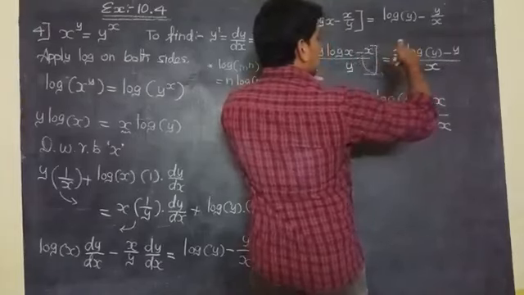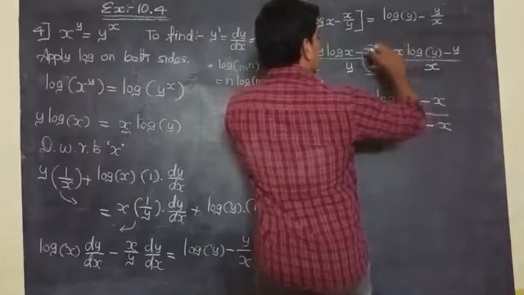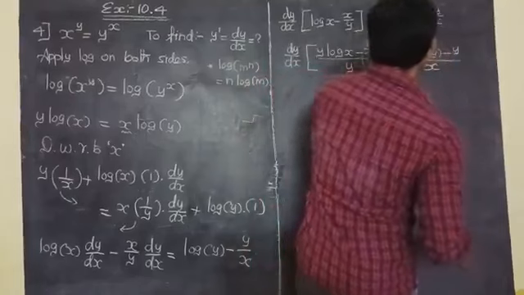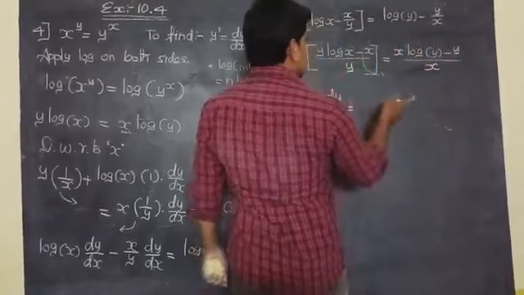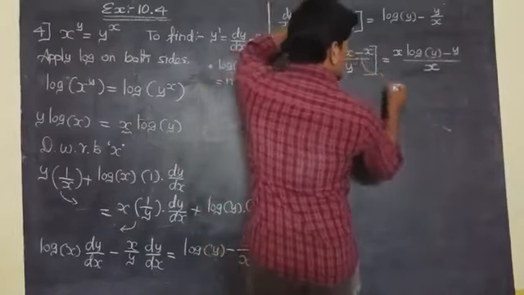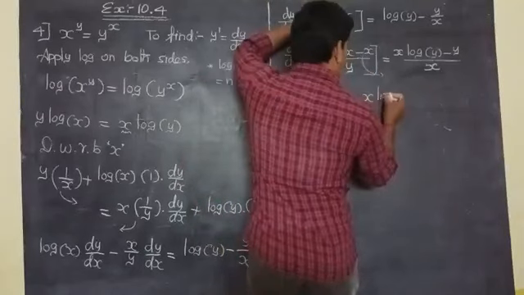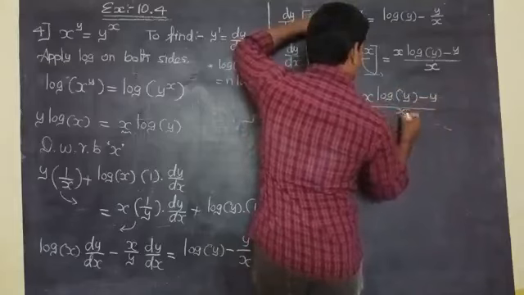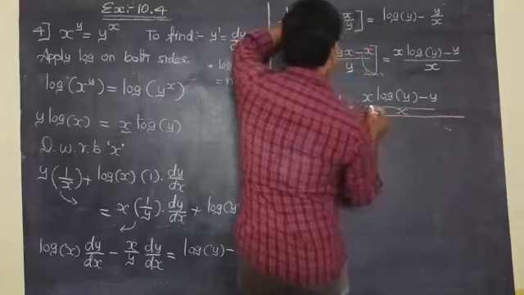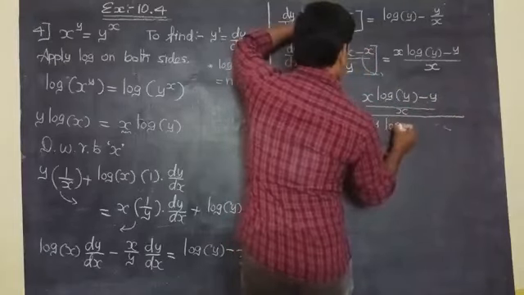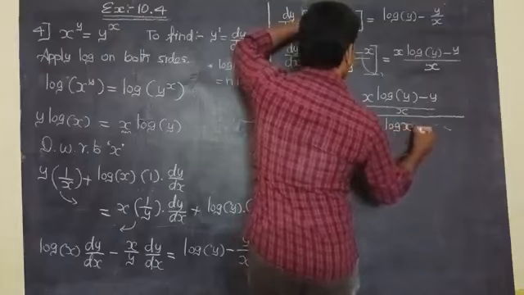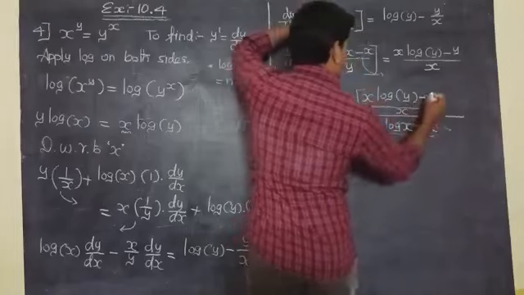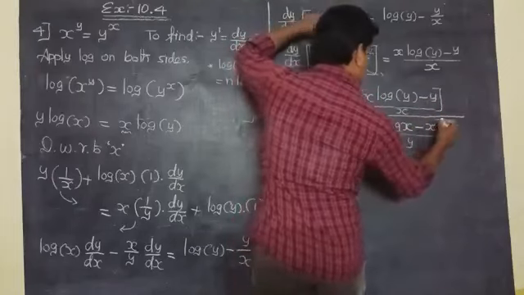Using cross multiplication, the result is: x into log of y minus y divided by x goes to the numerator, over y into log of x minus x divided by y in the denominator.